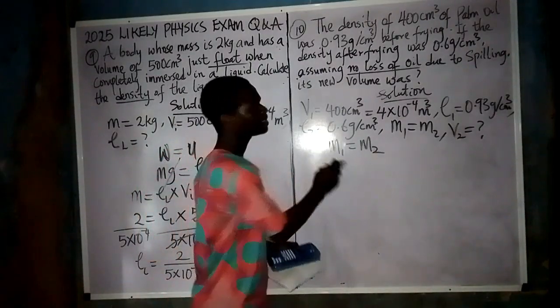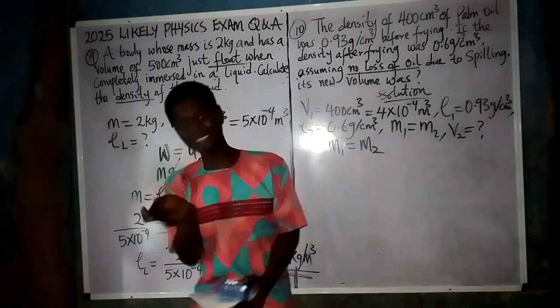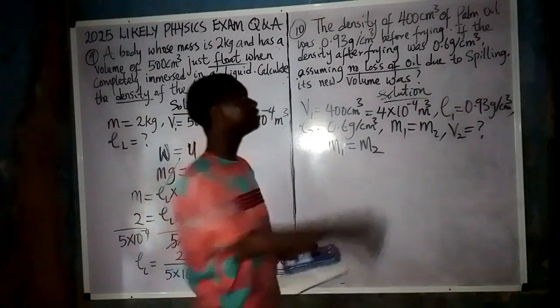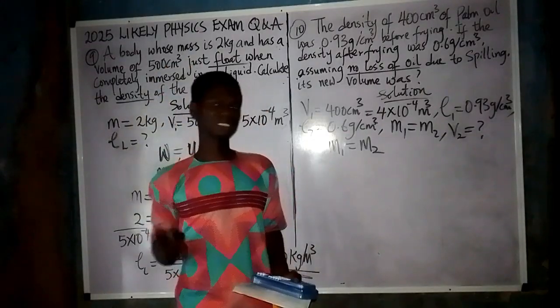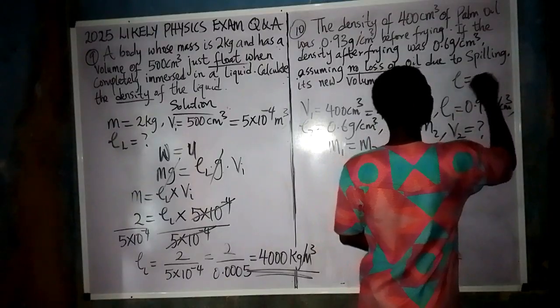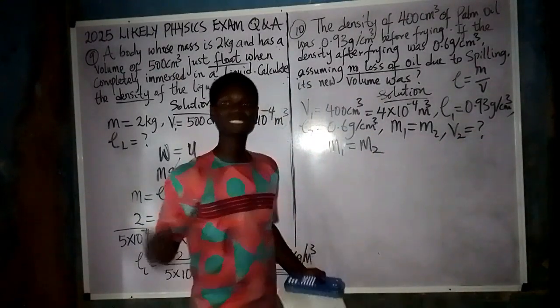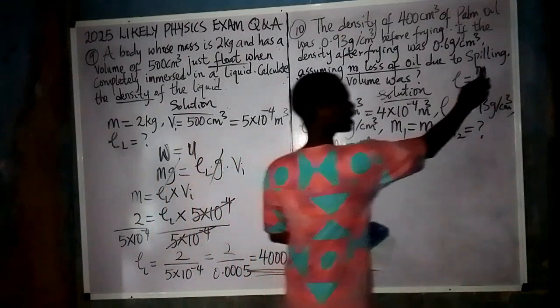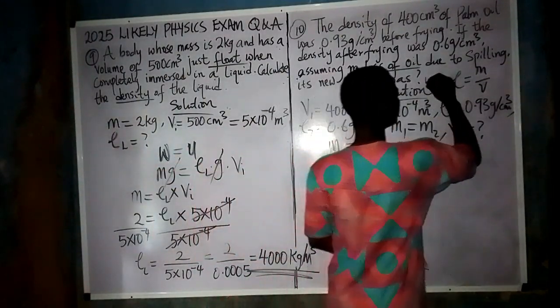Now, there is another thing I can do. Instead of mass, because this question is talking about density, relative density, but in this case, density to be specific, is there any formula for density? The formula for density, like we know, is density equals mass over volume. Now, because M was said to be constant, can I express M in terms of density? M will now be equal to what?